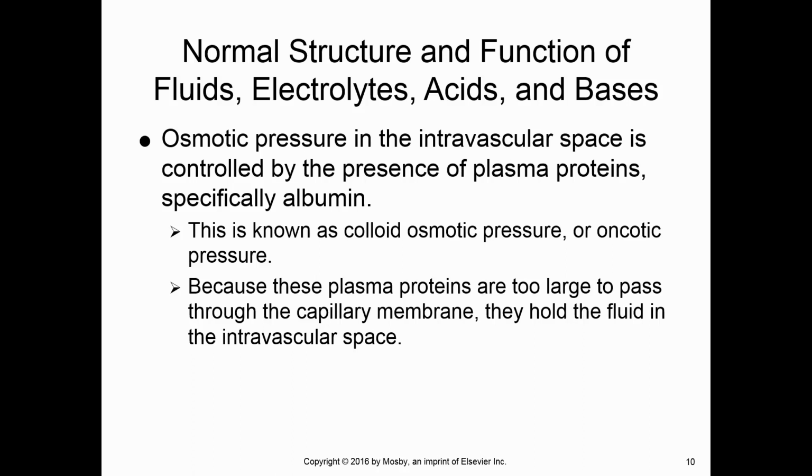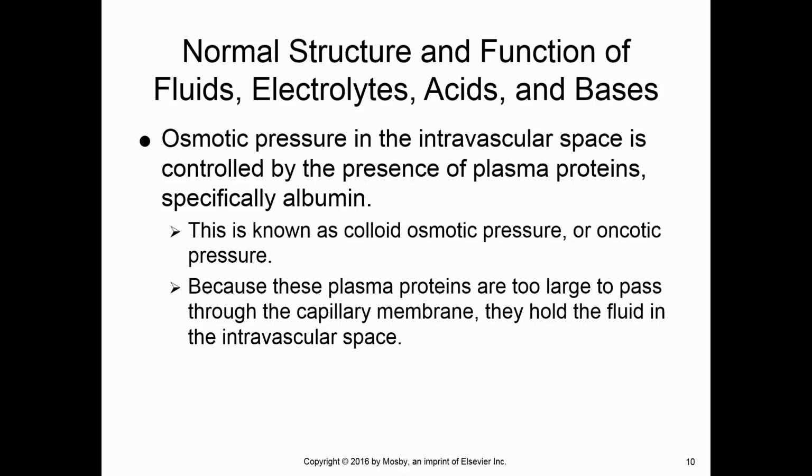So you just have to learn that. Nothing fancy about that, but when there's proteins in the vasculature to maintain the pressure and the water balance there, it's termed colloid osmotic pressure or oncotic pressure. Now, these plasma proteins, they're larger, so they do not pass through the membranes. They stay in the vascular space.